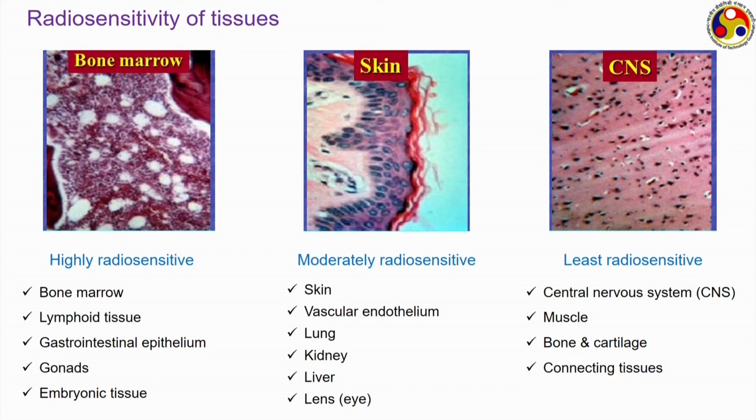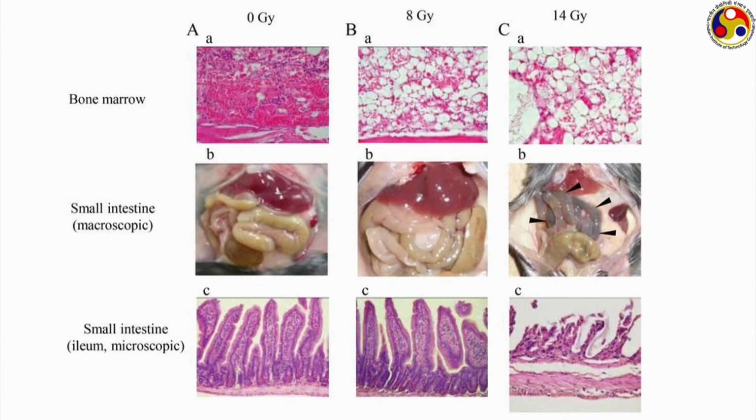This is a set of pictures which shows the effect of radiation on some highly sensitive tissues. This one is the normal picture of a bone marrow when it is not subjected to radiation.